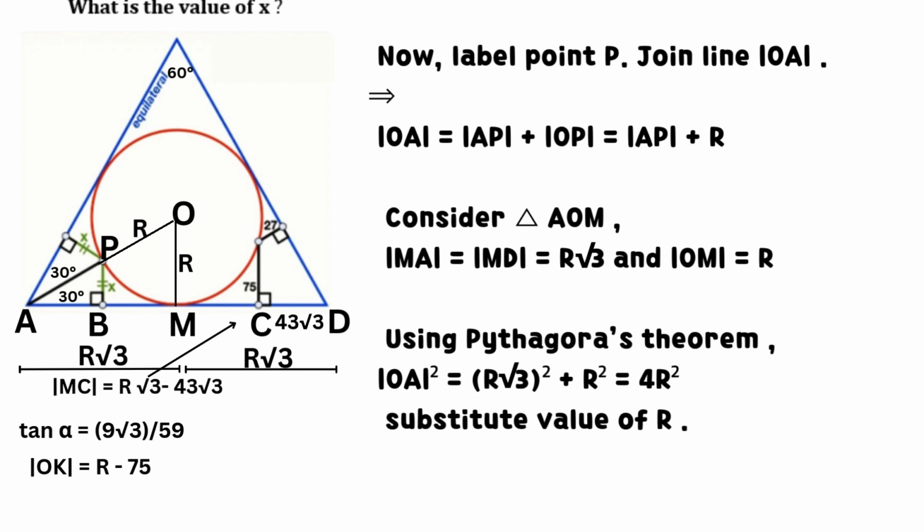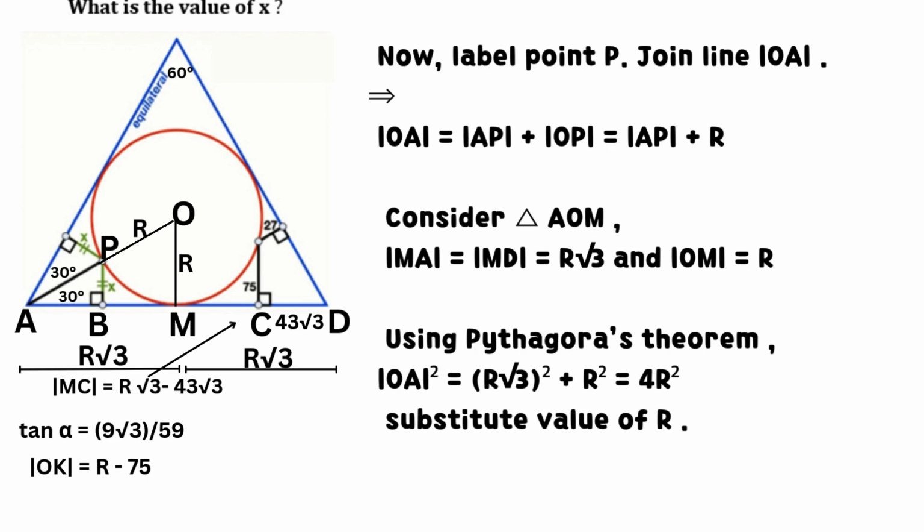Line MA equals line MD, which equals R times the square root of 3, and line OM equals R. Using Pythagoras' theorem, the square of line OA equals the sum of the square of R times the square root of 3 and the square of R, which equals 4 times the square of R.